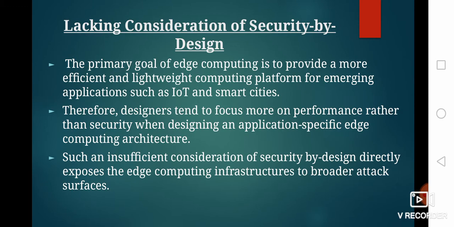Therefore, designers tend to focus more on performance rather than security when designing an application-specific edge computing architecture. Such insufficient consideration of security by design directly exposes the edge computing infrastructures to broader attack surfaces.